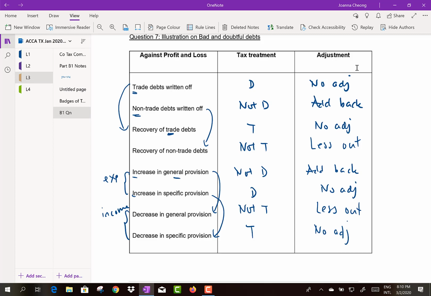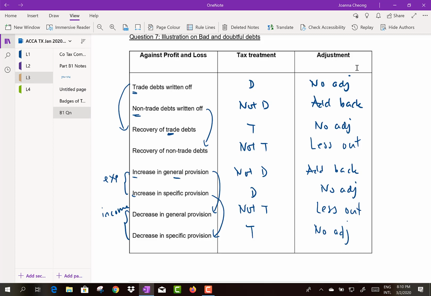But not to worry, because your examiner is not an FRS person, right? So the way he tests you is not going to be so sophisticated. You are not expected to write out the FRS standard. You just need to know, all right? Because of the introduction of FRS 39, you will not do provision.